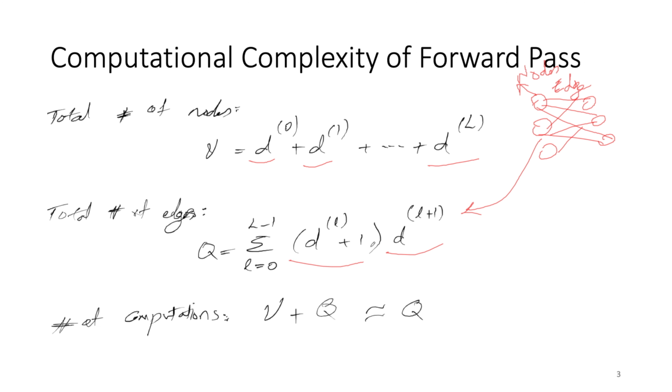Okay? So in total, if you do a rough estimation, you're going to see that Q is overwhelmingly larger than V, because you have many edges and a high number of nodes. So if you go towards higher-order networks, you can simply disregard V and just count the number of Qs here, right? In a higher order.